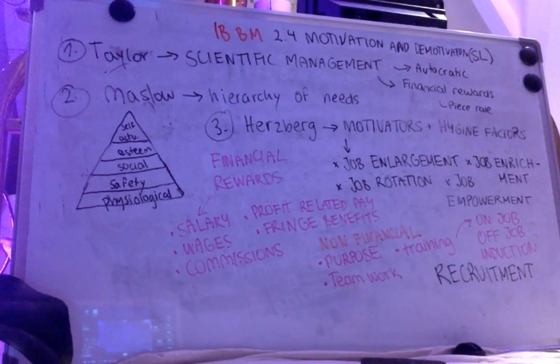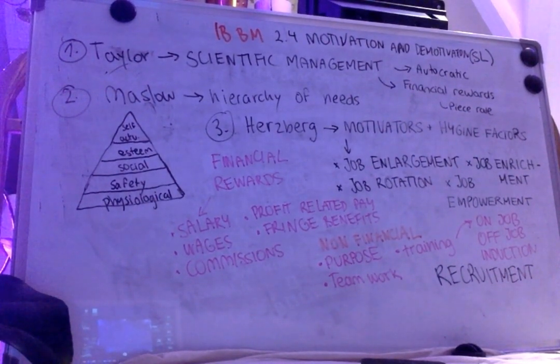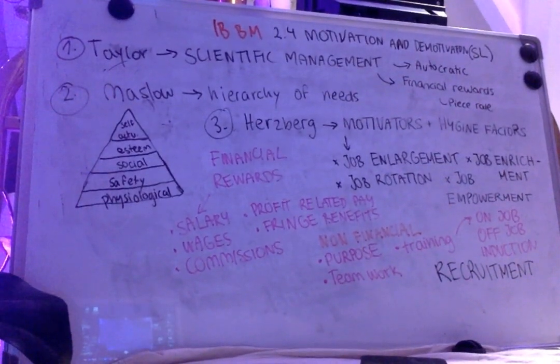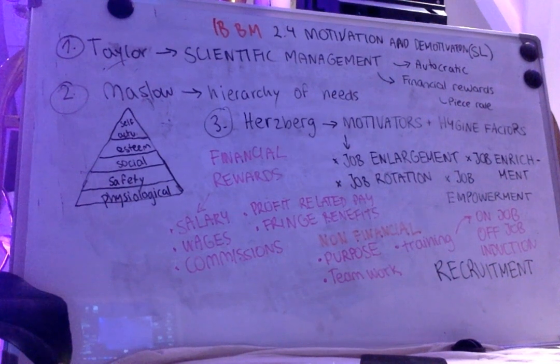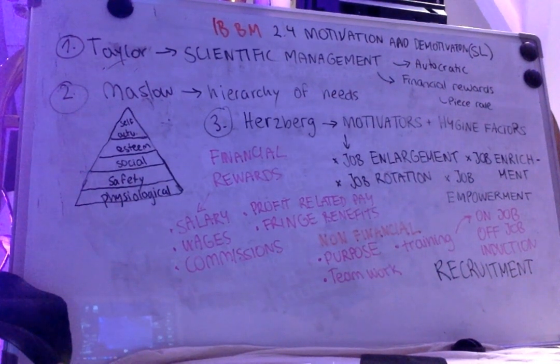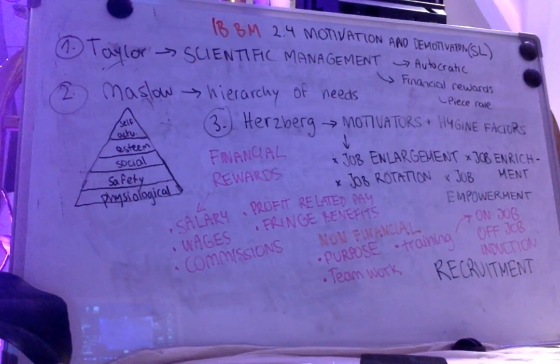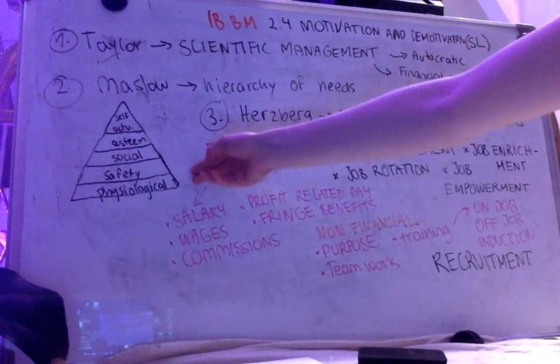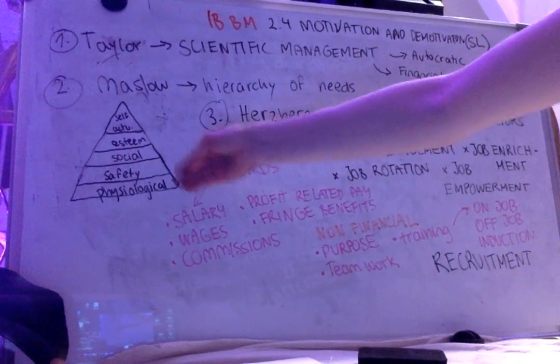Next, we have Maslow. Maslow has this hierarchy of needs, where the theory is that you are motivated by the next thing that you don't have on this pyramid. So if your physiological needs are satisfied, then you're motivated by safety.